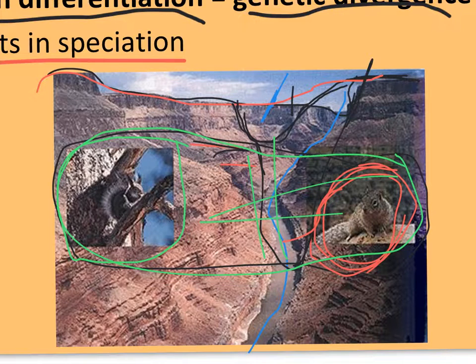The south side of the Grand Canyon versus the north side, it's a plateau tilted on its side a little bit, so one area has a higher elevation than the other, all that kind of stuff. And then eventually these two species, they were originally one, are now completely differentiated.